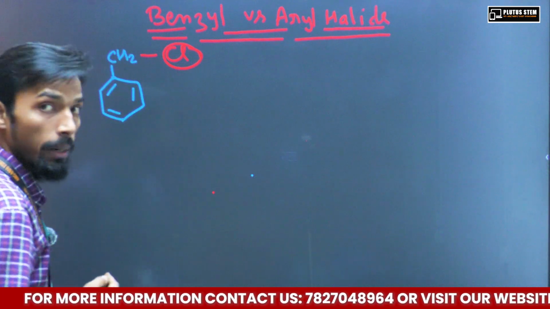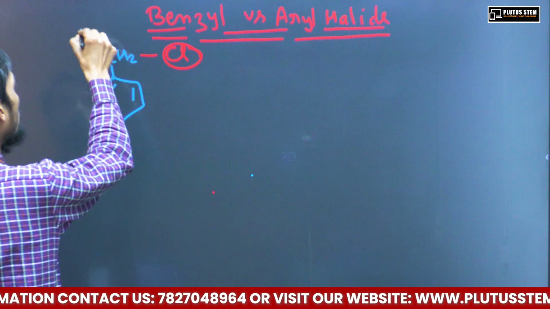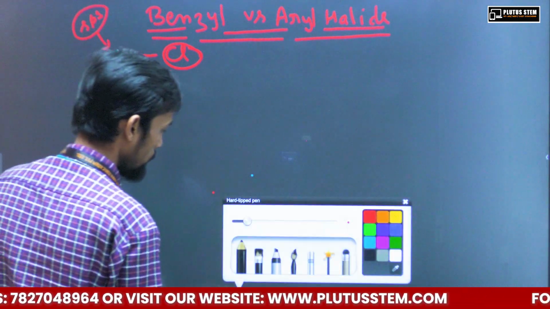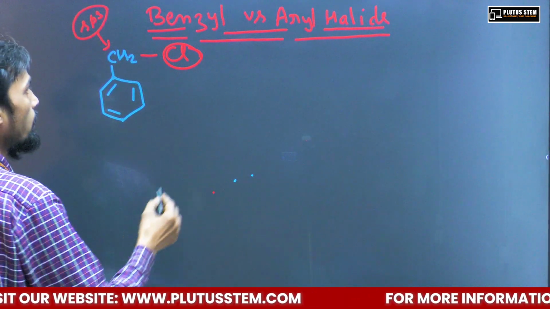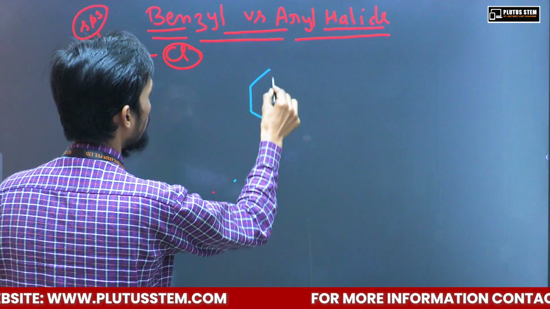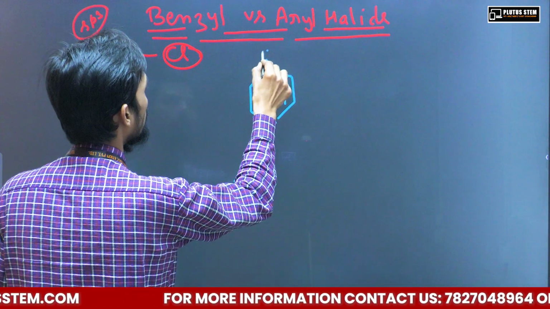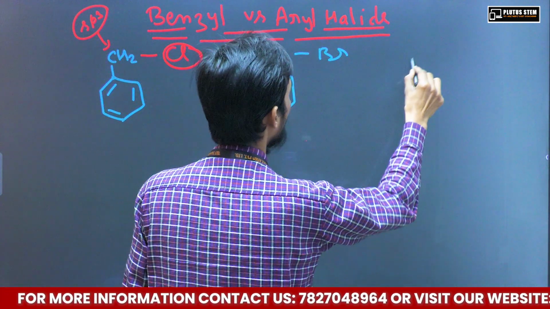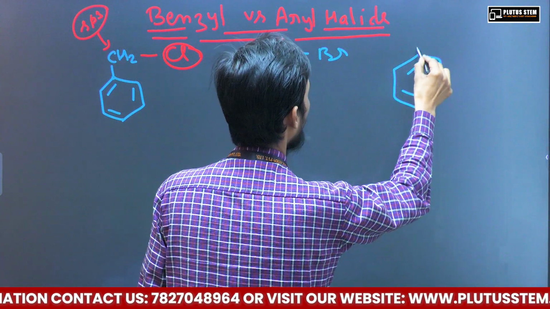This carbon should be sp3. Or any halogen can be there. It's not necessarily chlorine; CH2Br, we can have CH2I or any halogen.